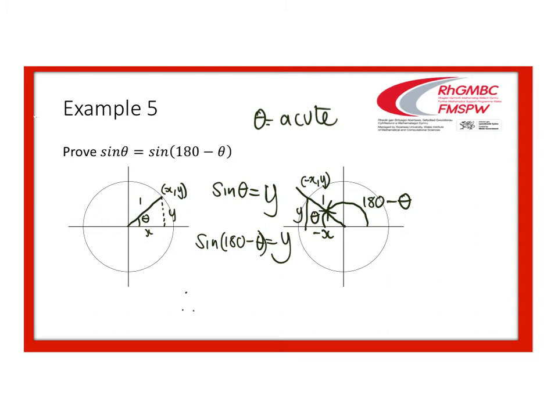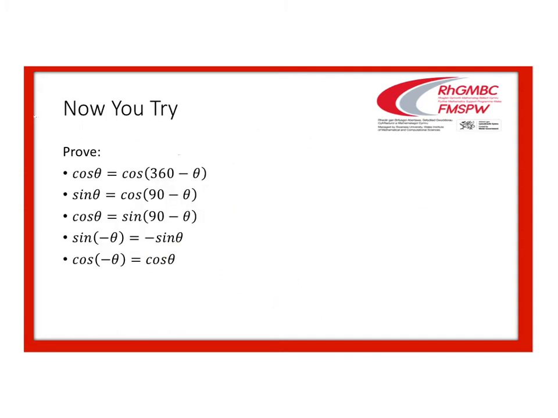Therefore, sine theta equals sine of 180 minus theta. Okay, here are 5 other trigonometric identities with the relationships between sine and cos for you to try out for yourself. Once you've had a go at proving them, unpause the video and we'll go through the solutions.